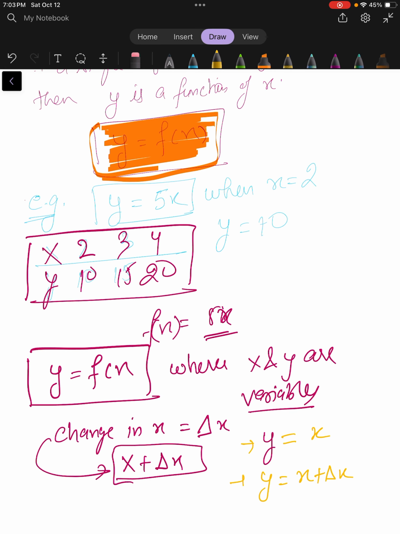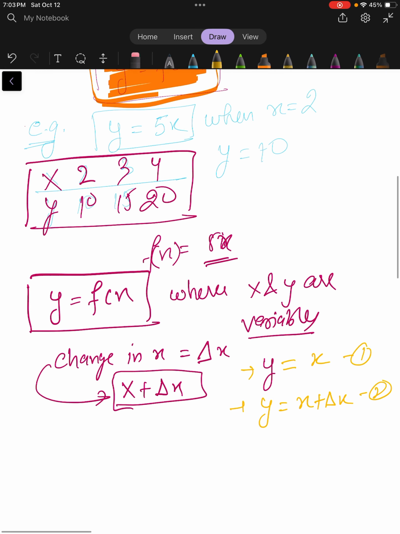Okay, so if this is my first equation and this is my second equation, we want to find what exactly the change in y is. So delta y, if this is y1 and this is y2, delta y is equal to y2 minus y1. So delta y is equal to x plus delta x minus x. So we can cut this value, so the remaining value is delta x.